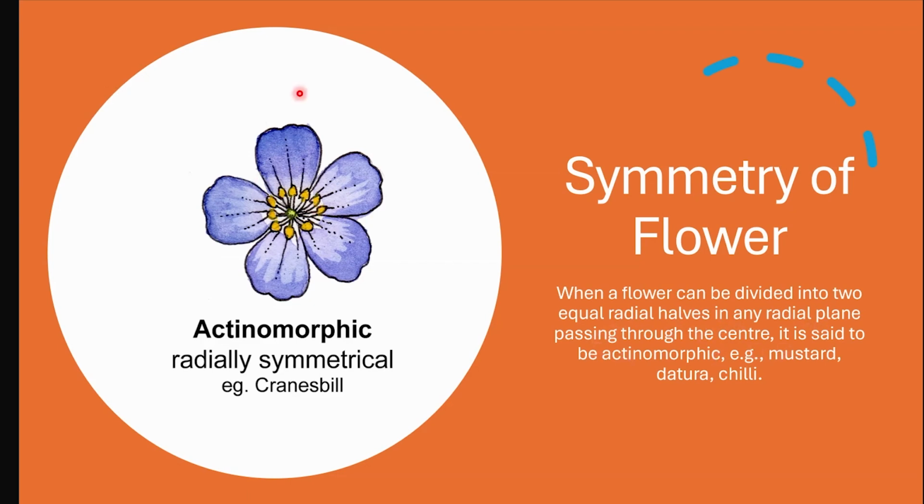So it could be this way or this way or this way, right? It is said to be actinomorphic. Examples of actinomorphic symmetry are mustard, datura, chili, cranesbill, etc.